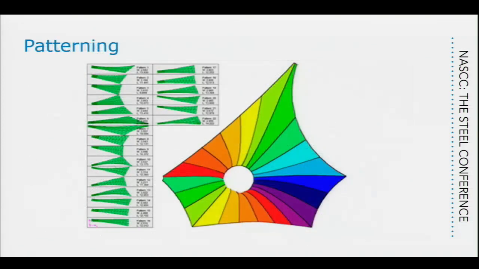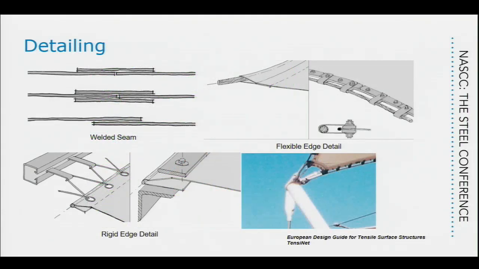When we were talking about this patterning, and trying to fit it into a roll and the fabrication, what you have to think of is, how am I going to fabricate it? Because most of the time when you get two pieces of material, they get overlapped and fused together.